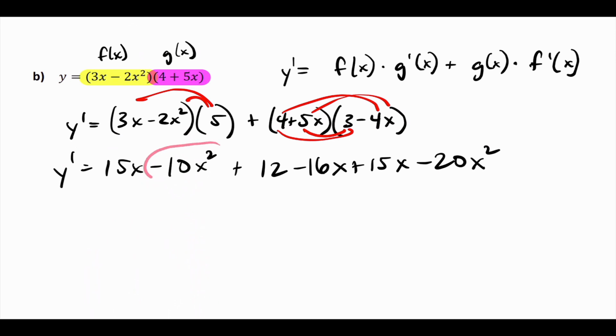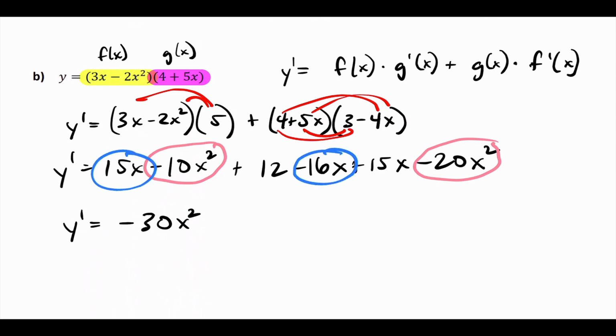Let's see, x squareds. I have that x squared, that x squared. So what do I get? Negative 30x squared. Then I have 15x, negative 16x, positive 15x, negative 1 plus positive 14. And then plus 12.